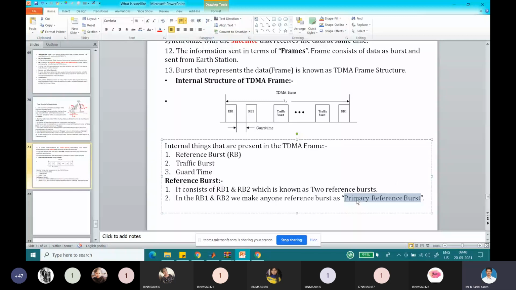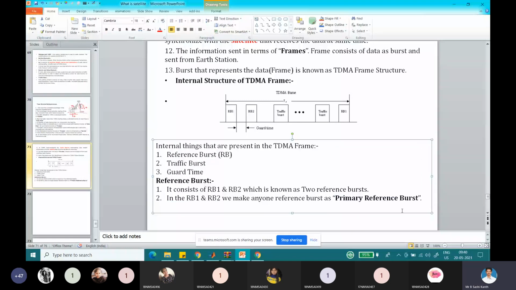Don't forget that we are taking the reference burst discussion. It doesn't mean that RB1 should be the primary reference burst. You may have RB2 as the primary reference burst.